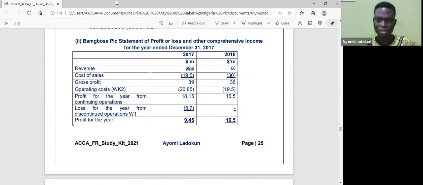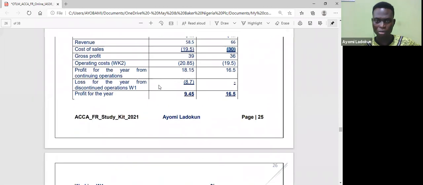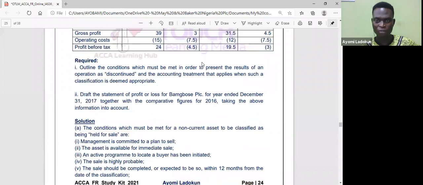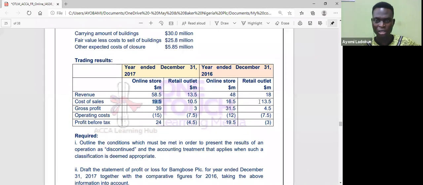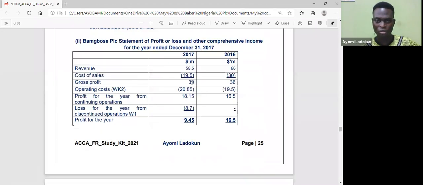Then the same thing with my cost of sales. So you have 19.5. Can you see 19.5 here? So you had 16.5 and 13.5, so that you can have your cost of sales. So I have my gross profit. For my operating cost, I also bring 2016, I add it together.